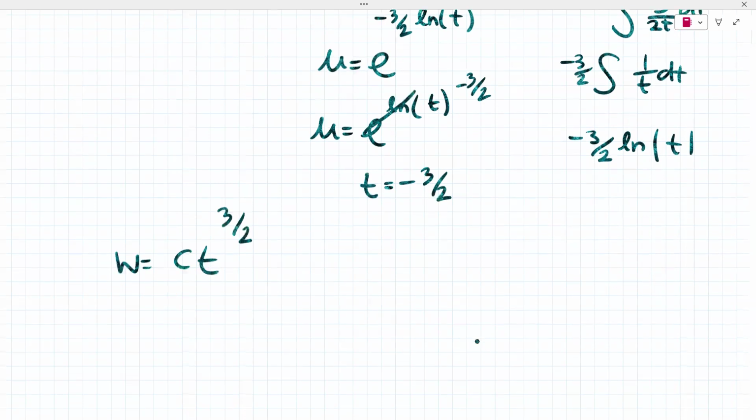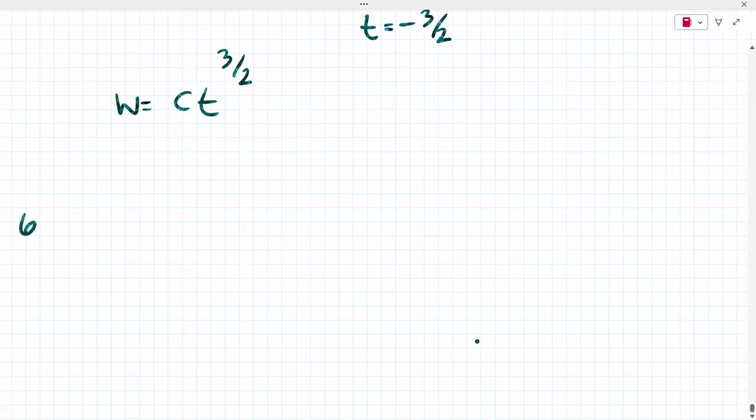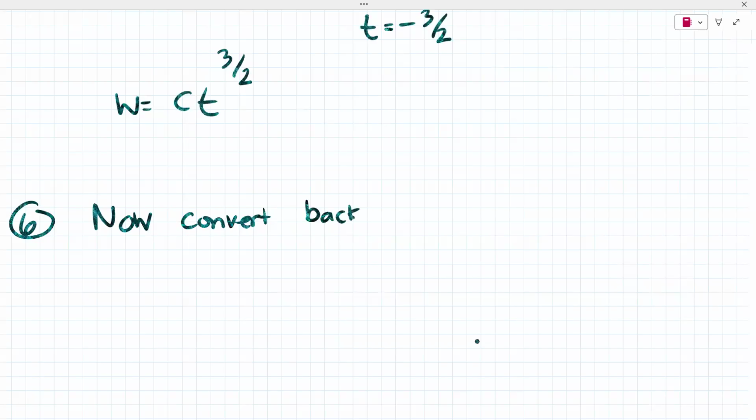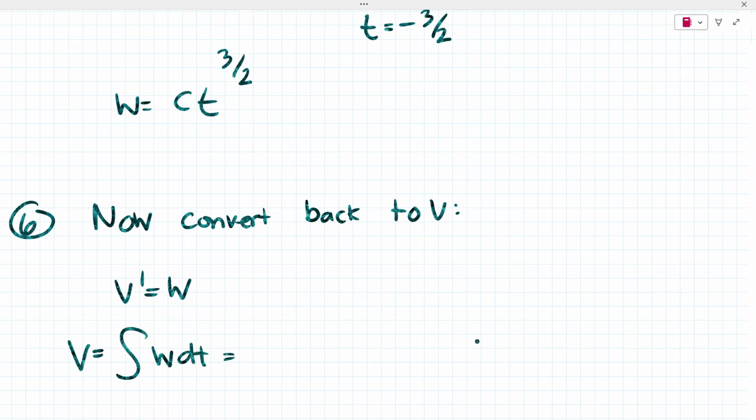Okay, step 6, now convert back to v. V prime is equal to w. So v is going to be the integration of w dt, which is going to be 2/5 c t raised to the 5 halves plus k, or you could say t raised to the 5 halves.